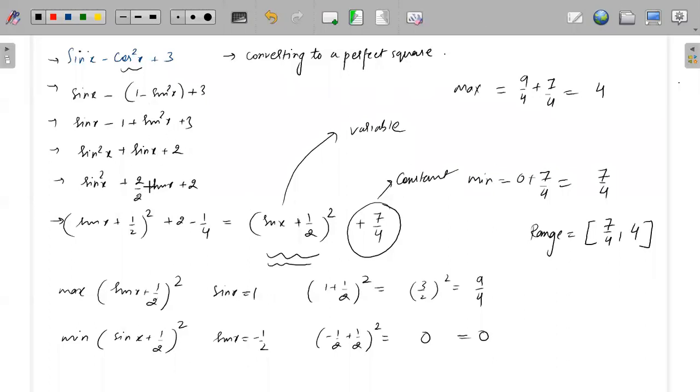What I've done is, I'm trying to convert this to a perfect square, so I can show this sin x is multiplied by 1 by 2.